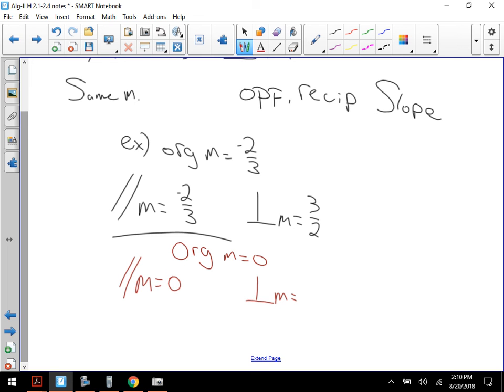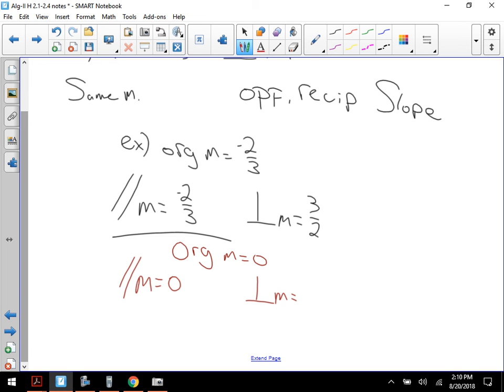What kind of lines have a slope of 0? No, try again. Horizontal. What kind of lines are perpendicular to horizontal lines? What's the slope of every vertical line? That's fine. This is the most common mistake when we get into slopes of parallels and perpendiculars, especially with horizontals and verticals. It's so easy, you forget.